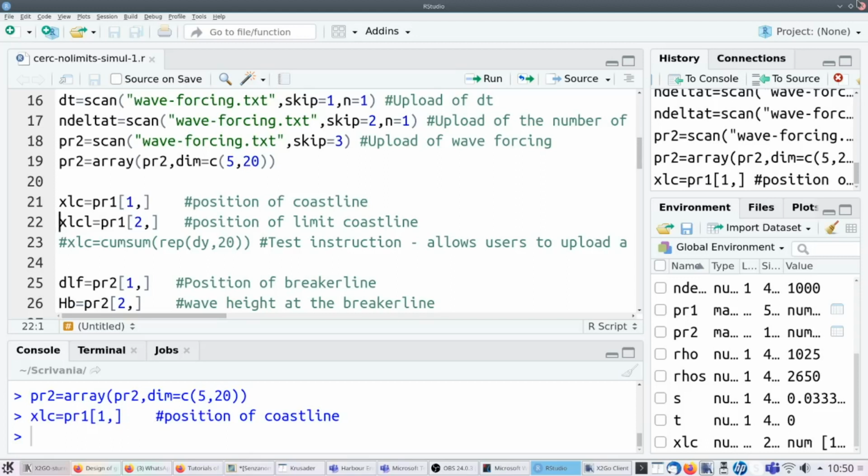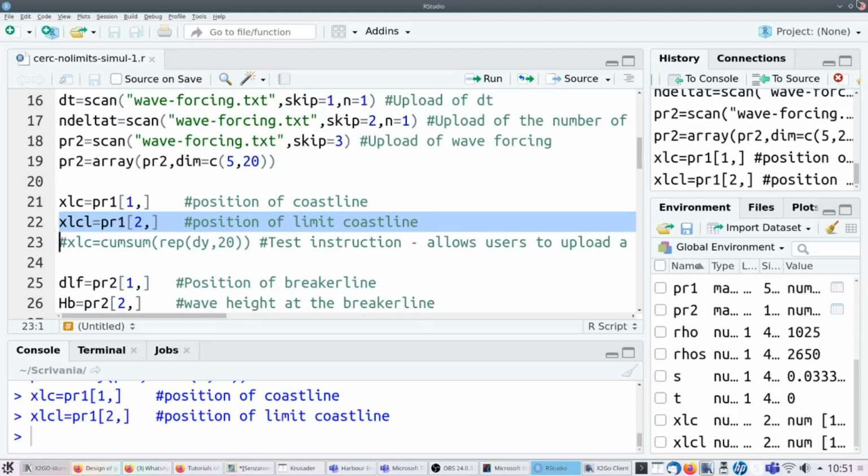So when there are limits to the evolution of the coastline, you have to take them into account. Actually, in this exercise, we are not taking them into account, but still, I wanted to show you that there might be a limiting position, and this is given by this vector XLCL. So XLC is position of coastline, XLCL is limiting position of the coastline. So let's upload it. Okay.